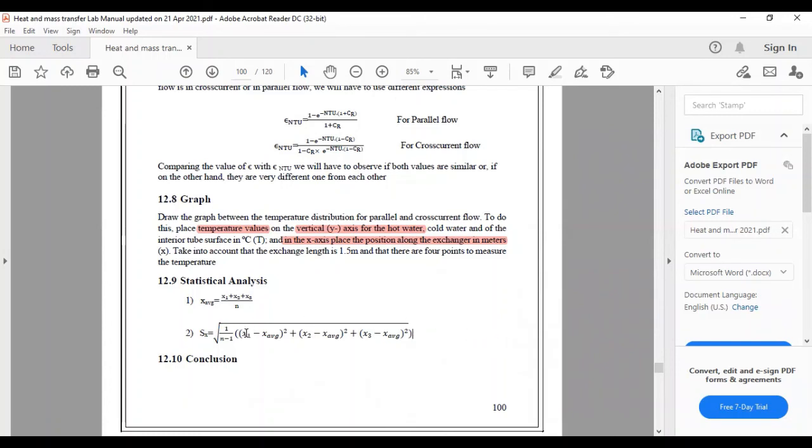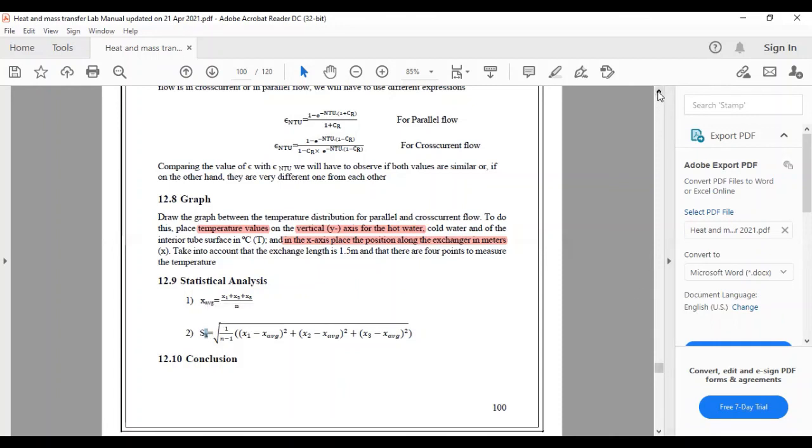This is the difference of the average from the first value, from the second, then the third, and then the fourth value. We will take their square and divide by N minus 1. N is 4 here because we have four sets of readings. We will take its square root and we will get the standard deviation. Its value should be small, so there should be a low standard deviation.